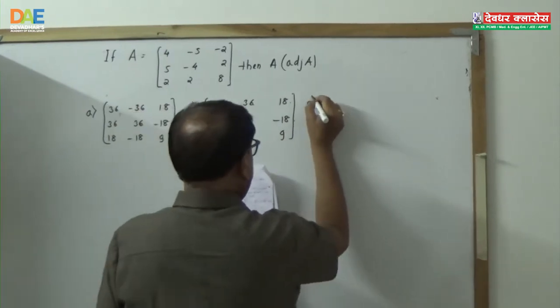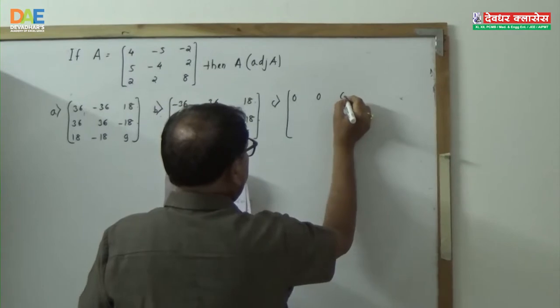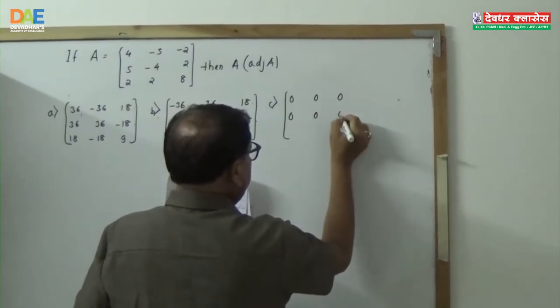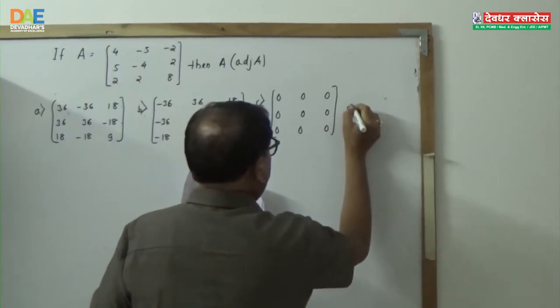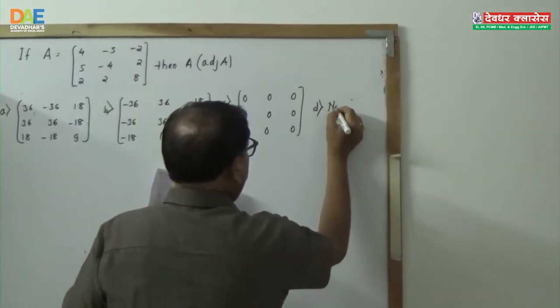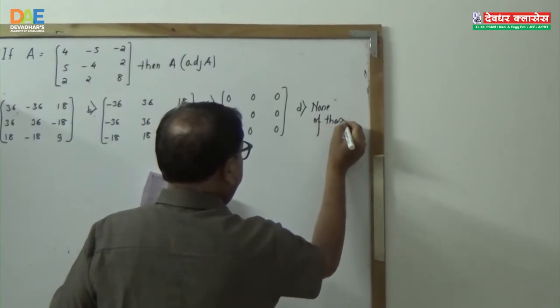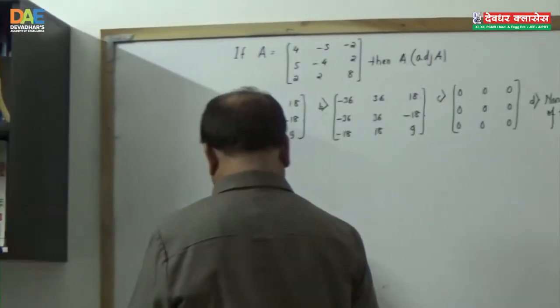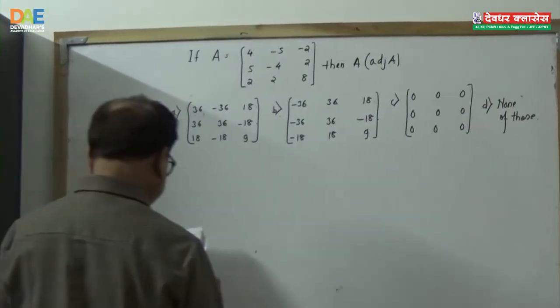C choice, the null matrix, all zeros, and D choice, none of these. Right.